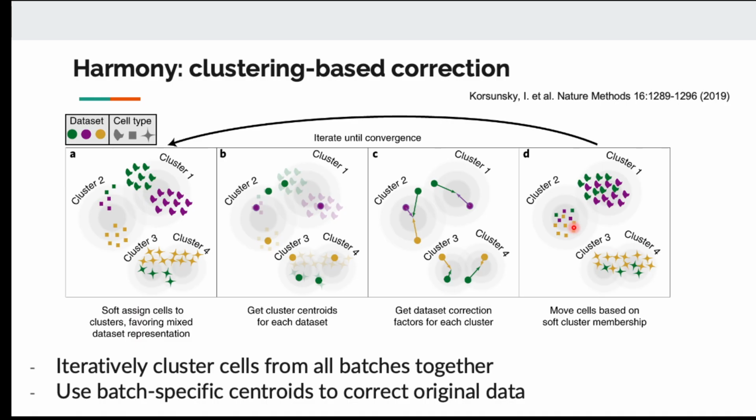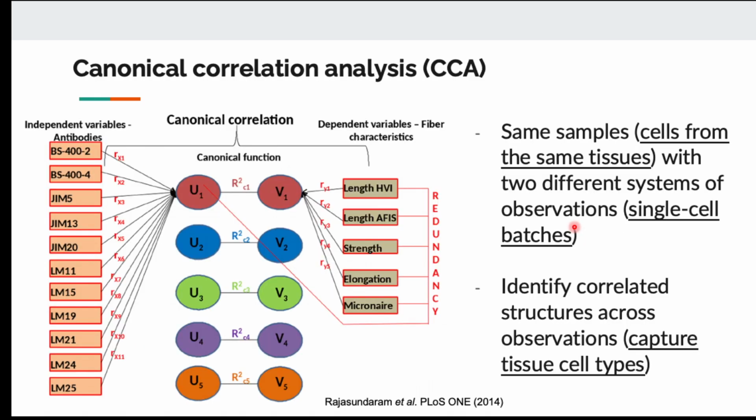Okay. The third technique, this is even more convoluted. So there is a technique called canonical correlation analysis. Might not be familiar to many of you, but the idea is, let's imagine you have a cohort of patients.